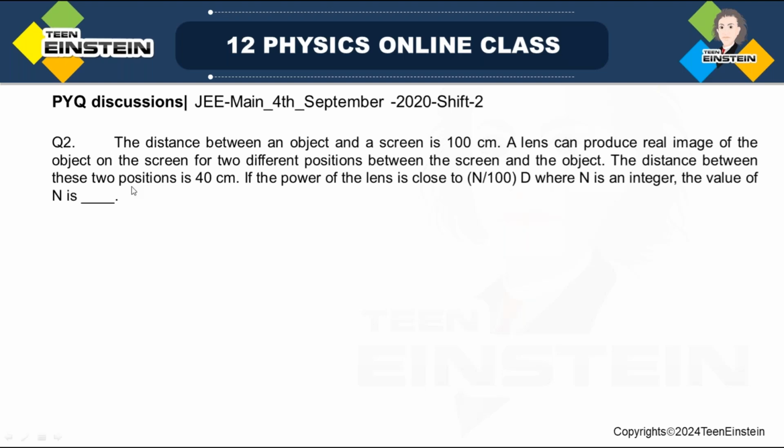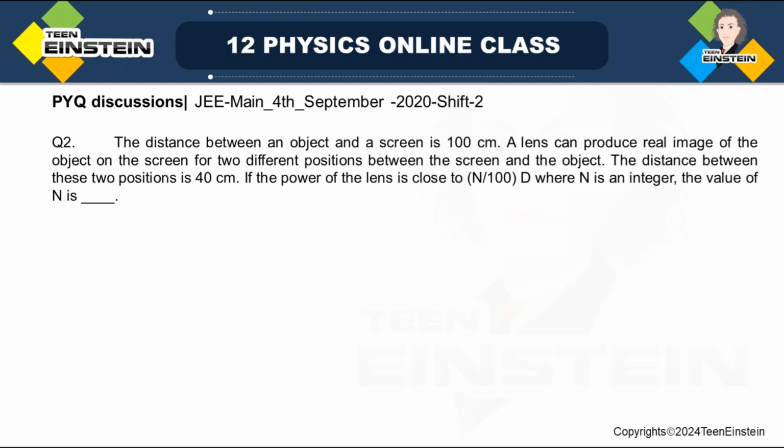This problem is very interesting and very important also. It says the distance between an object and a screen is 100 centimeter. A lens can produce a real image of the object on the screen for two different positions between the screen and the object.